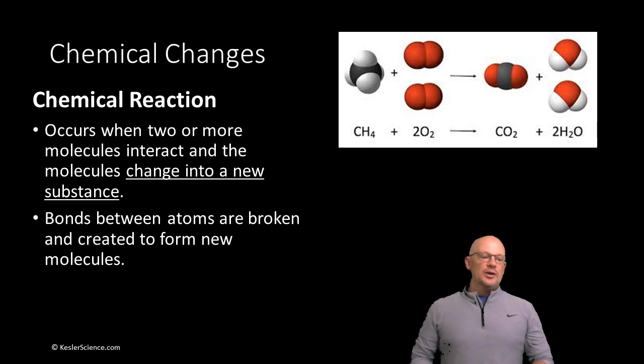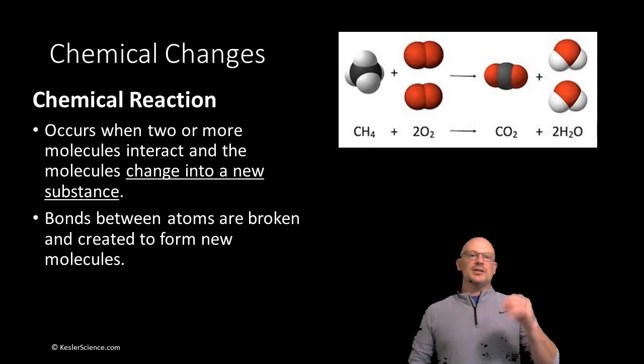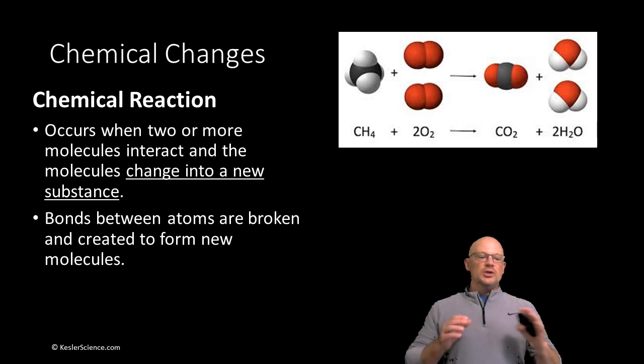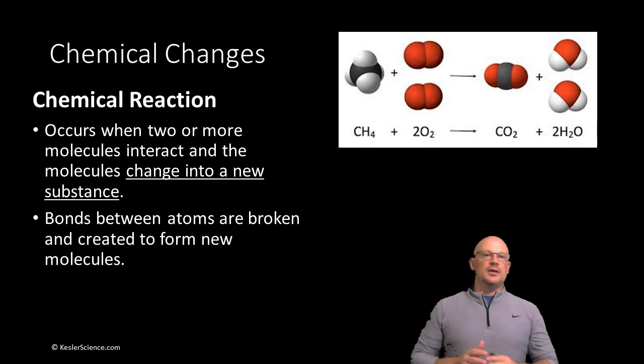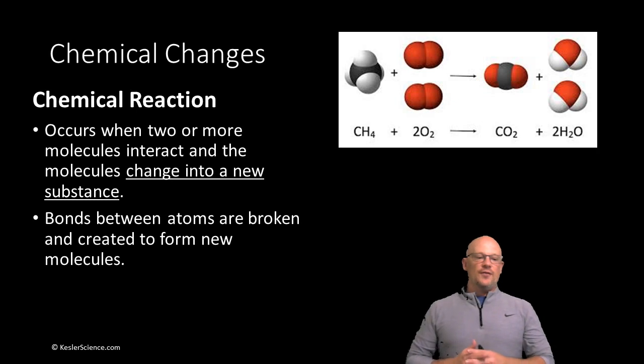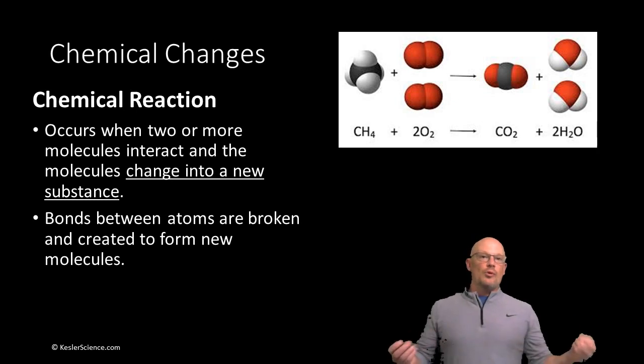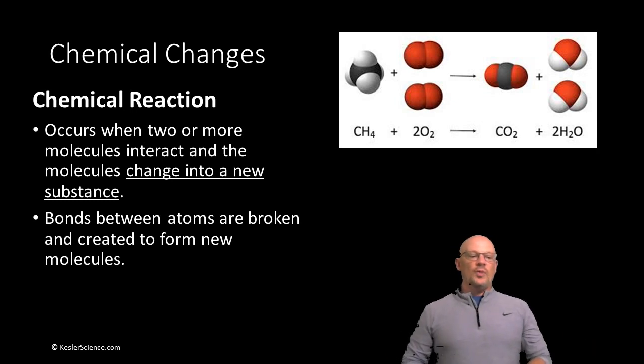But now you need to understand that these chemical reactions, like the one we see on the screen here, occur when these two different substances, in this case CH4 and 2O2, you see that on the left-hand side, and it becomes something completely new. It changes into a new substance. Bonds are broken and new bonds are formed.